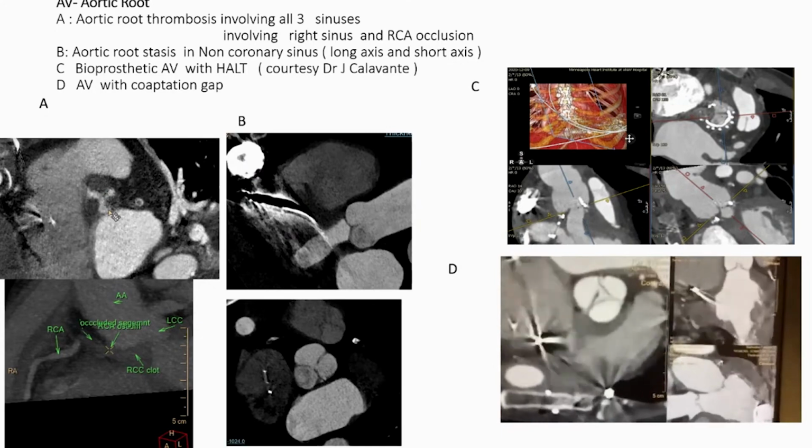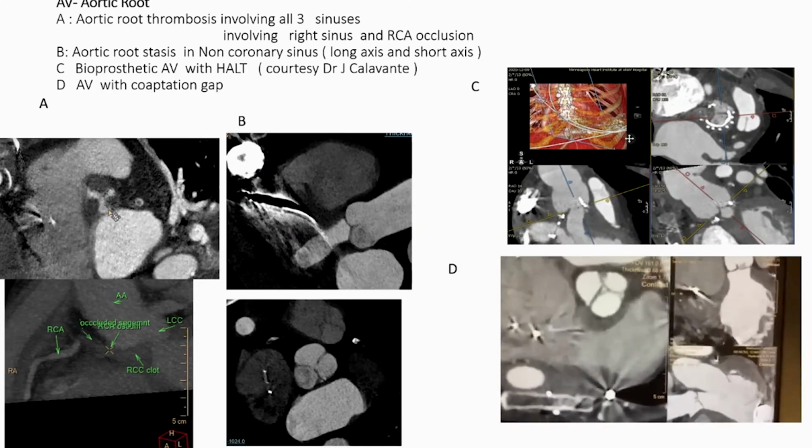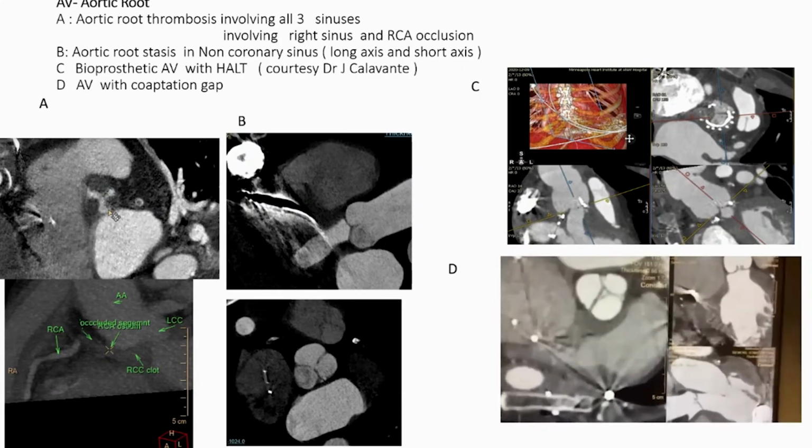Sometimes you can do a TEE to look at the aortic valve structure, but with CT you can see the aortic valve quite well to assess the mechanism of the aortic regurgitation.